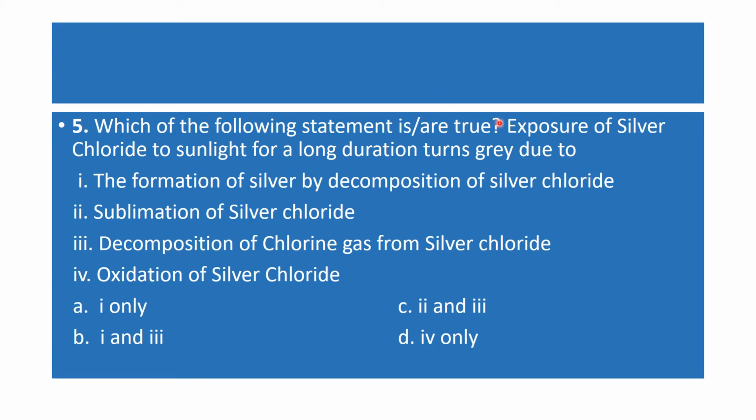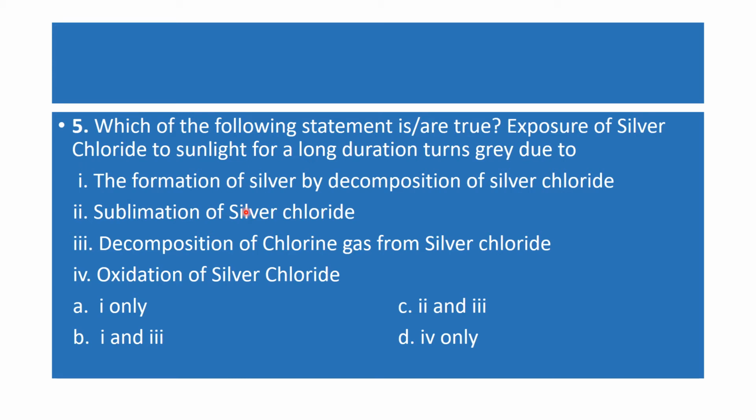You know what happens when silver chloride is kept in sunlight? It turns grey, and during the explanation I have told you that it turns grey because of the formation of silver. This reaction you have studied under decomposition reactions, and this is photolytic decomposition. So the formation of silver by decomposition of silver chloride, yes, this is correct, because this grey color is due to the silver which is formed after the decomposition of silver chloride.